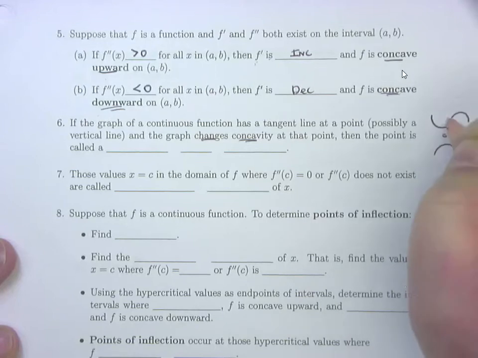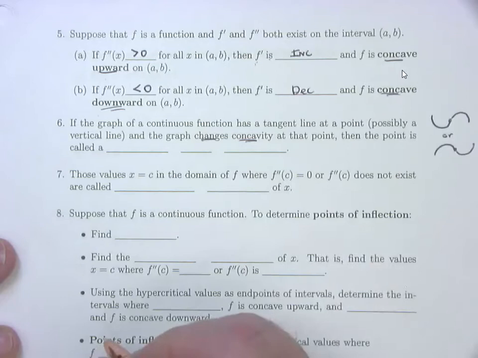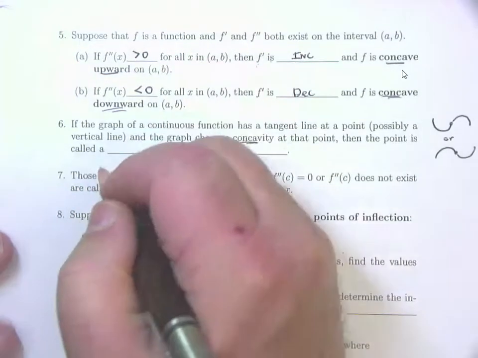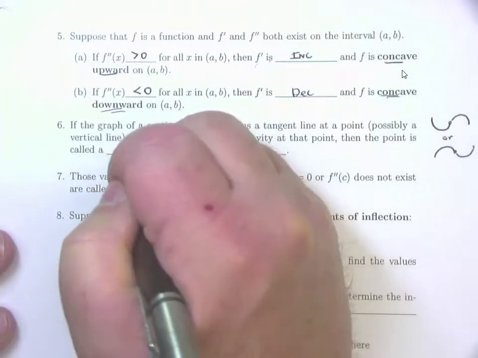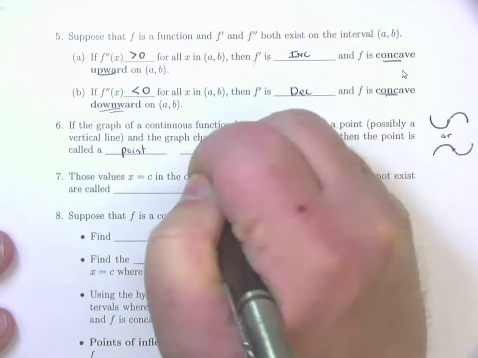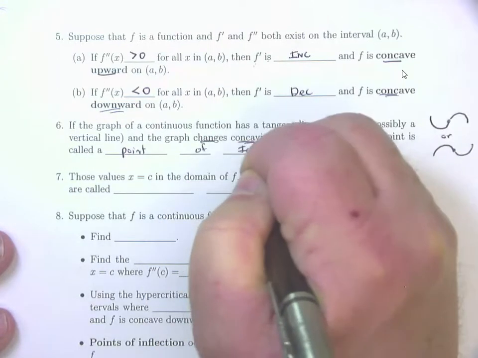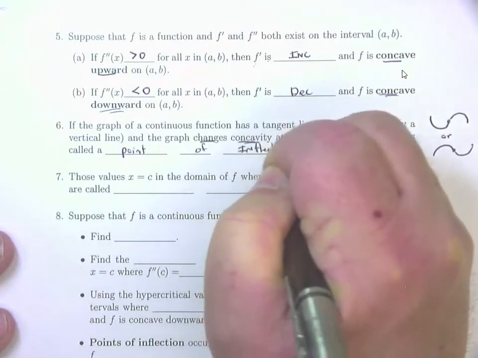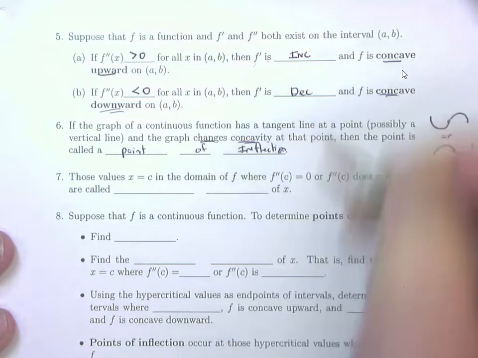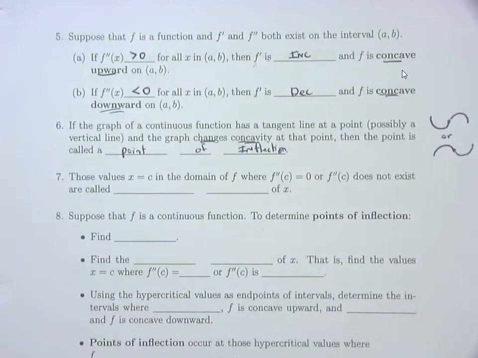What do we call that particular point? That's called a point of inflection. An inflection point. There you go. A point of inflection. It's where you change concavity. And officially, it's where the second derivative is equal to 0. Okay?